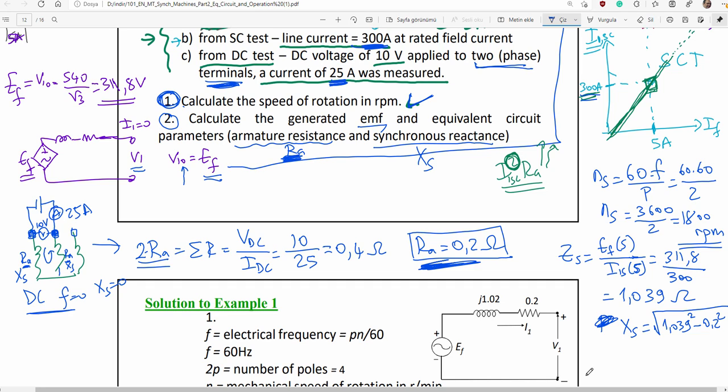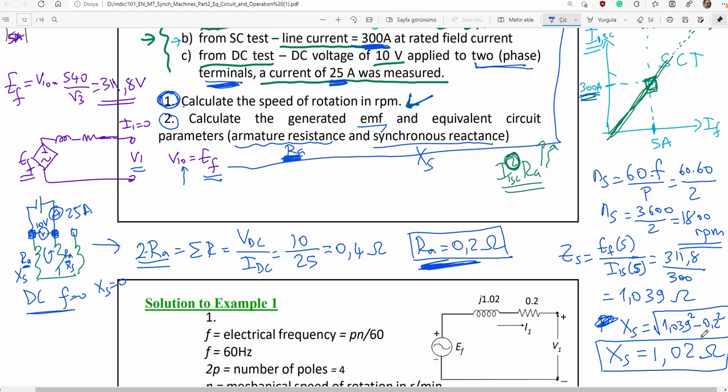I have calculated it by my hand calculator. I hope I did it right. 1.02 ohms. That is the Xs.